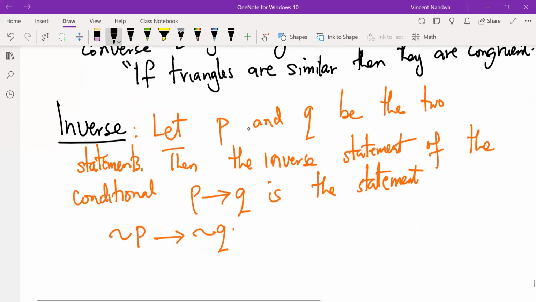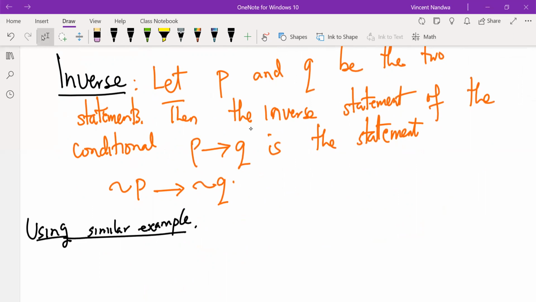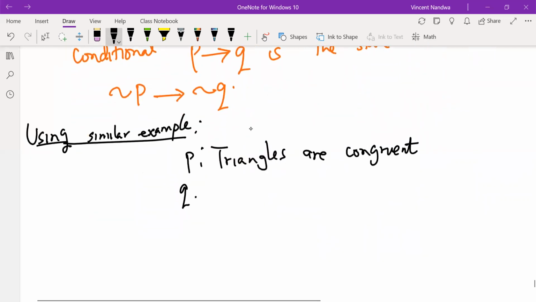Now, using the same example, where P is the proposition triangles are congruent, and Q, triangles are similar.